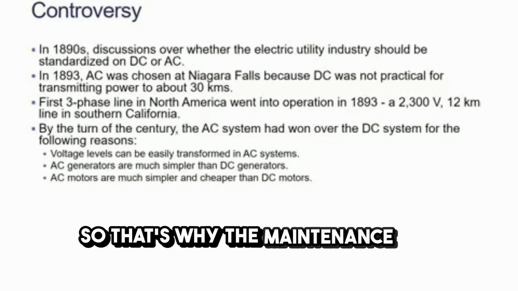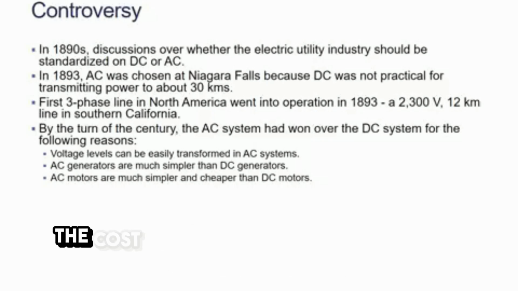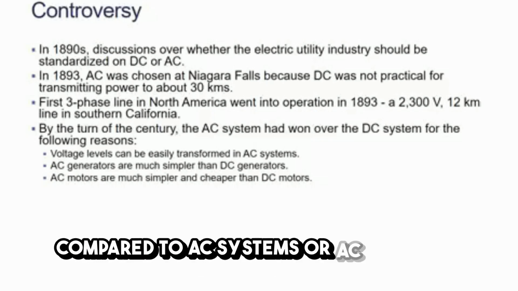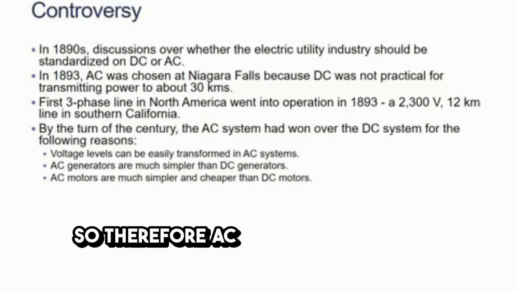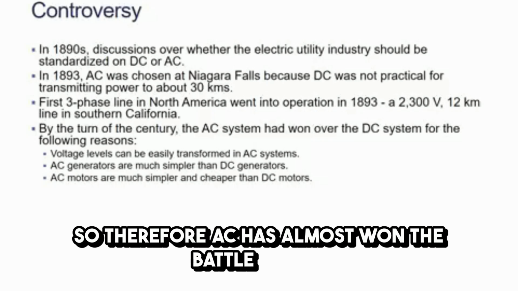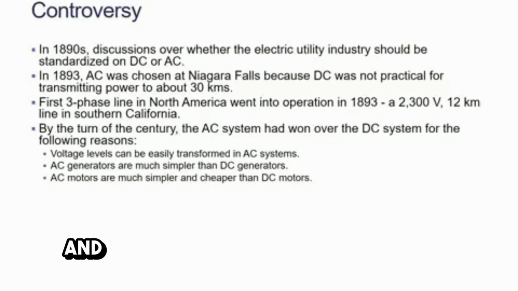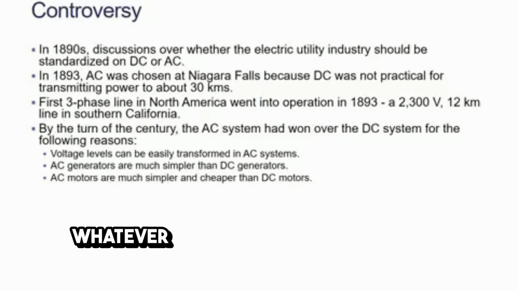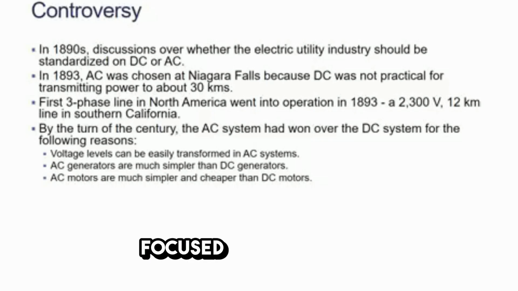So that's why the maintenance was higher, as well as the cost of developing a DC machine was higher compared to AC machines. Therefore AC has almost won the battle in this. And for the complete time after that, whatever development happened was always focused on AC systems.